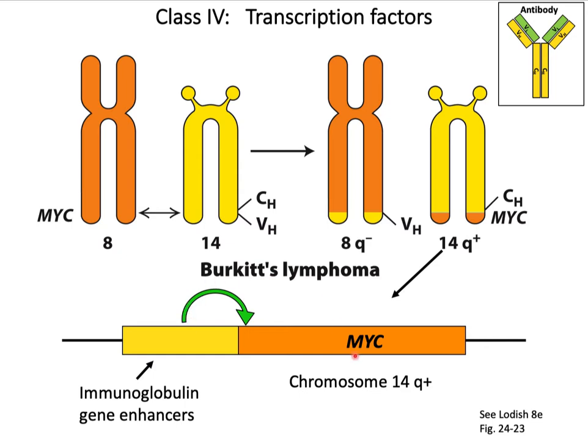And that permanently turns on the MYC. And MYC is now a positive regulator of the cell cycle. So you end up with a lot of MYC in the cell, which rapidly and continuously drives the cell cycle and contributes to the formation of the tumorous phenotype. So this is also a gain of function, and this is the class 4 transcription factors. This concludes Module 8, Part 2 of Cancer Cell Biology.